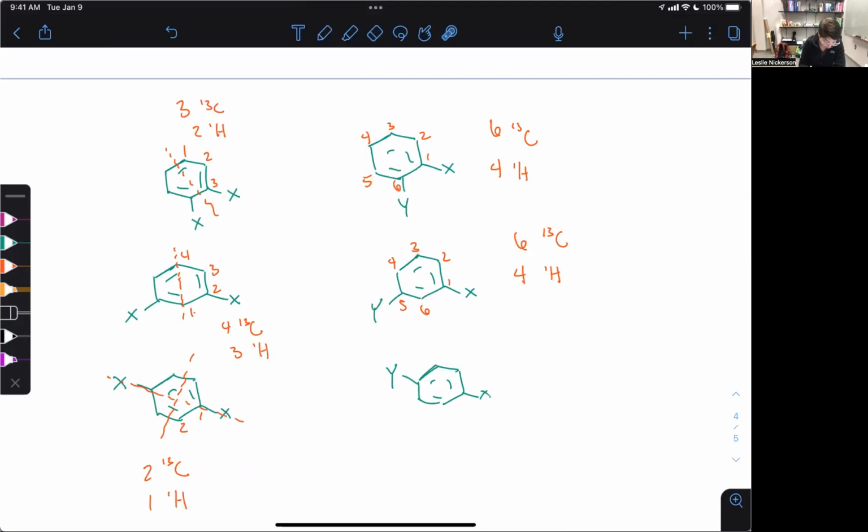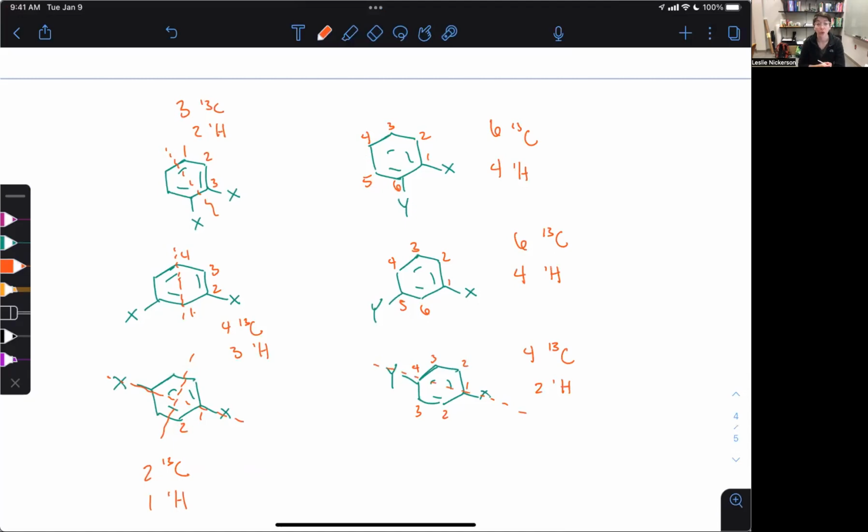So our last one does actually have a mirror plane. So I have a mirror plane just cutting the X and the Y right in half. Okay, and then the 2 sides of the ring mirror each other. So I've got 1, 2, 3, 4 carbon peaks, and then 2 proton.